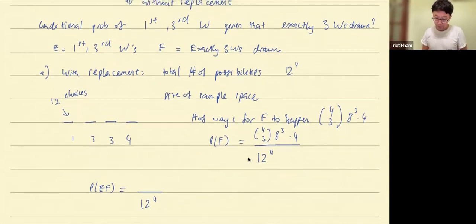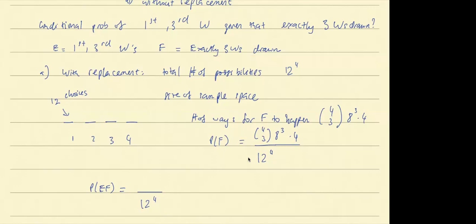Now, what about P of EF? What would that be? So first and third are white, and we know that we need exactly 3 whites. What would that be? Eight cubed times 4 times 2 choose 1.